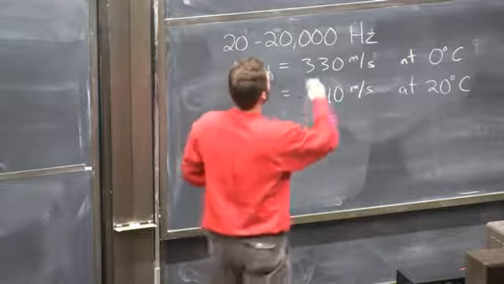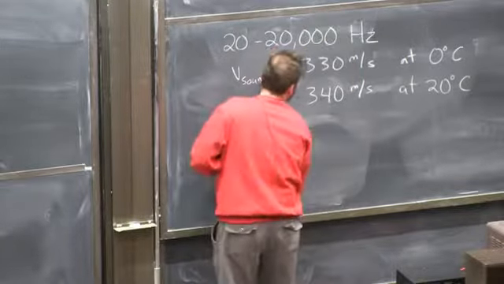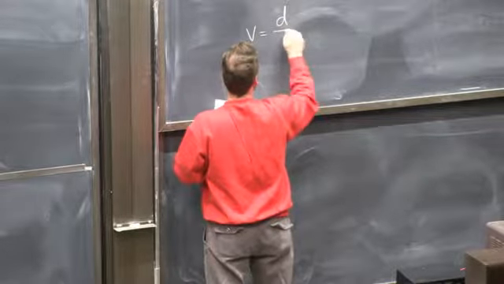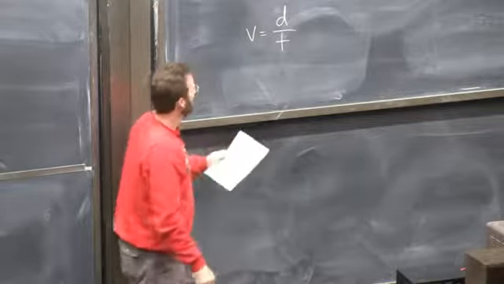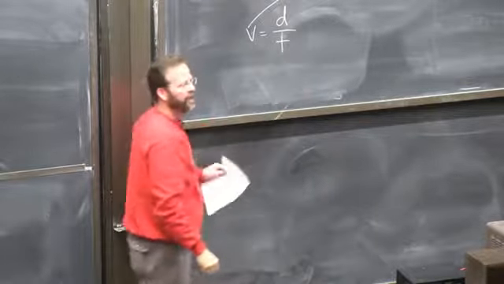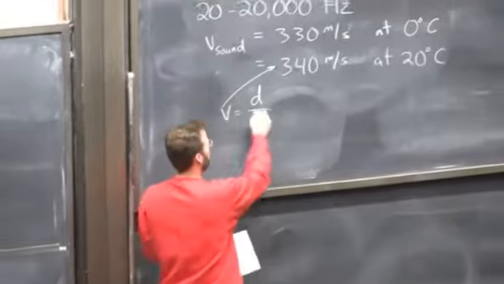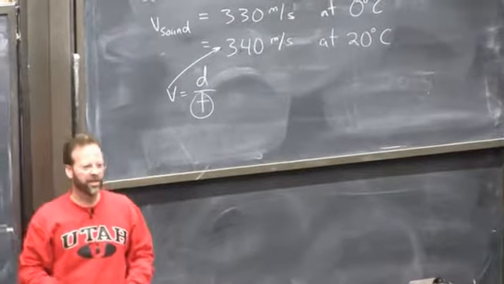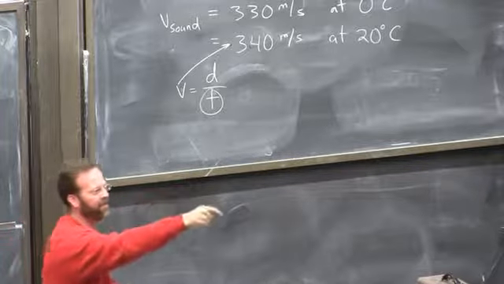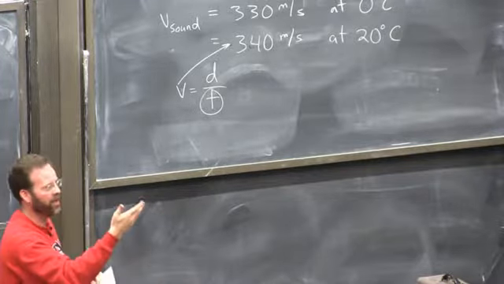Well, velocity is distance divided by time, right? If you know the speed that the wave's traveling at, and you time how long it took to get to you, because essentially, for this purpose, the light was almost instantaneous. So as soon as it flashes, you see it almost right away.